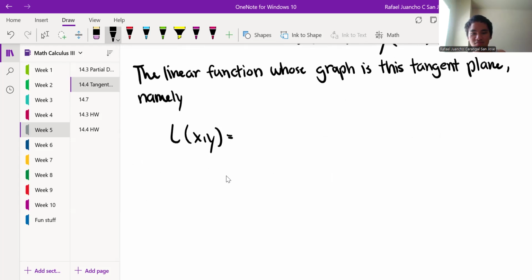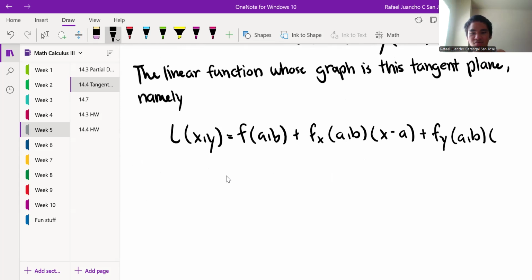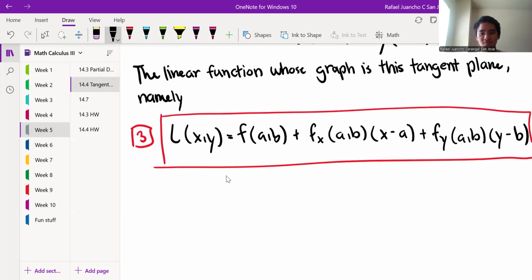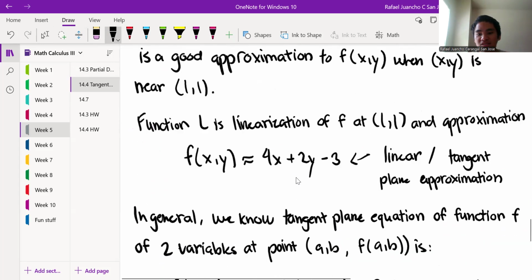And we just copy what we did a while ago: f sub x at that point, f sub y at that point. That is the linear function with the graph of the tangent plane. I hope that makes sense.